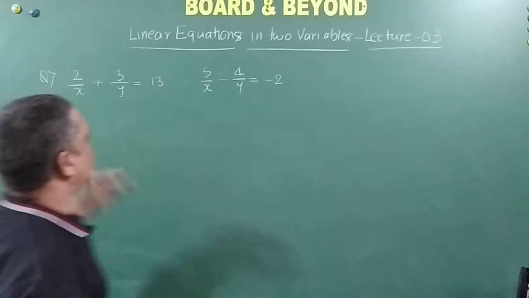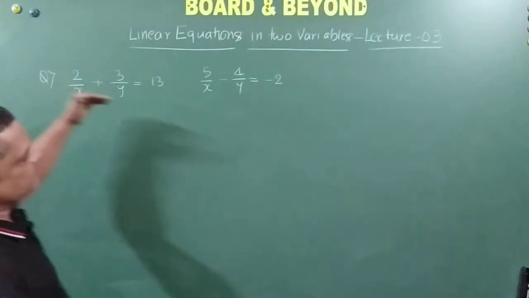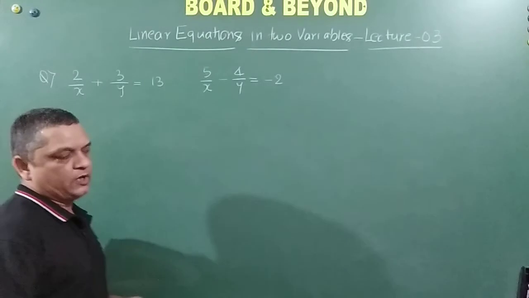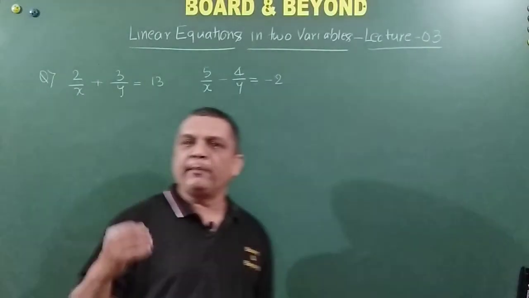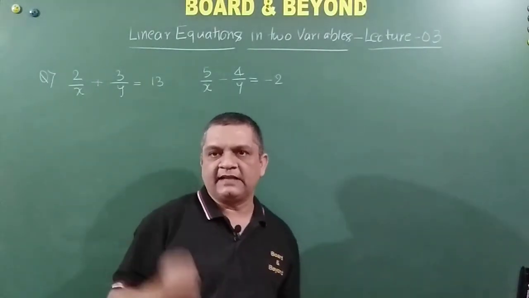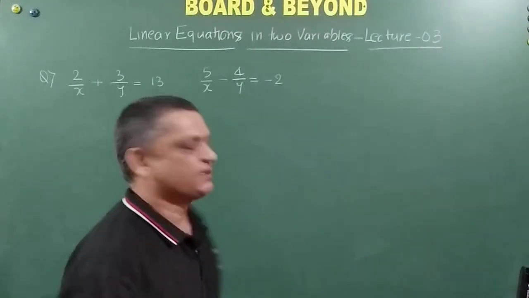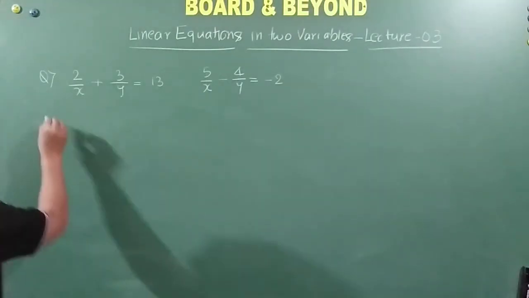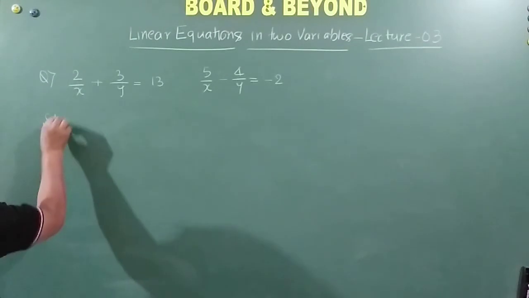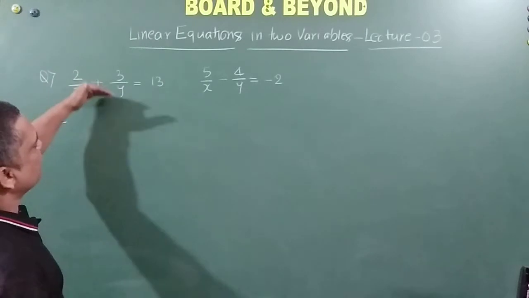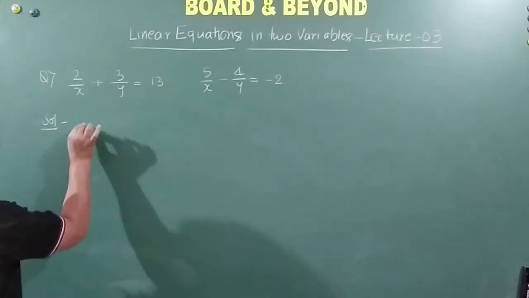Okay, friends. So see, this is the next question which I have taken. Just to give you a concept, whenever the variable is coming in the denominator, friends, at that point of time, please try to utilize the method which I am going to use now. Let us assume 1 by x and 1 by y as some other variables.